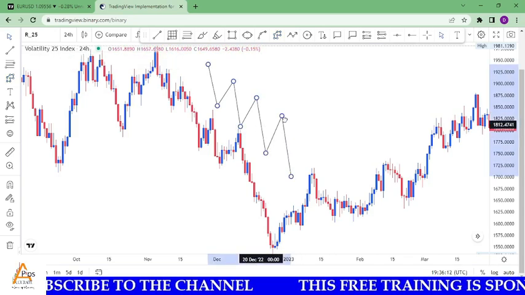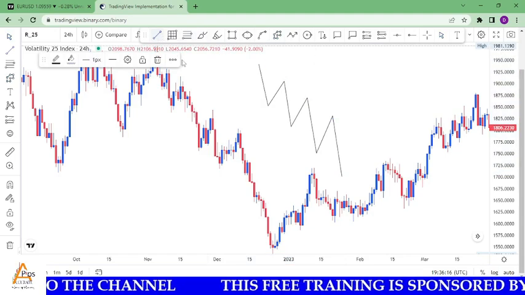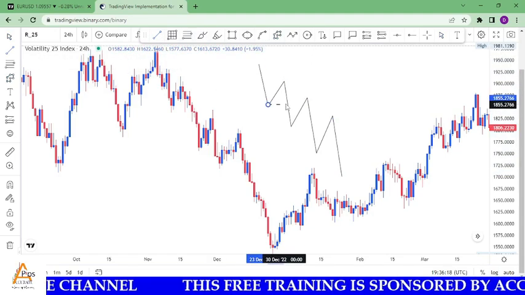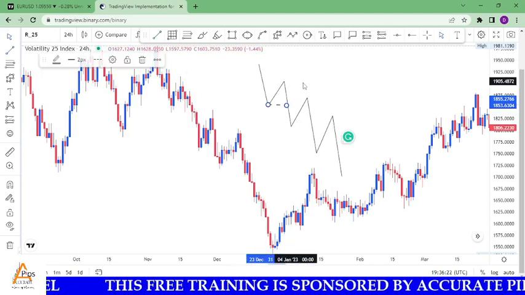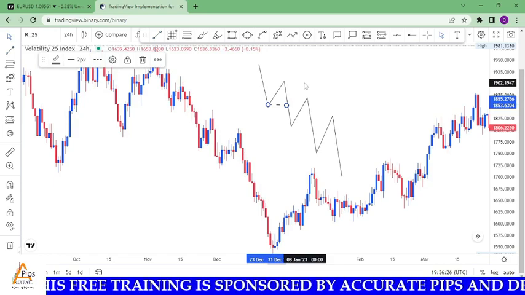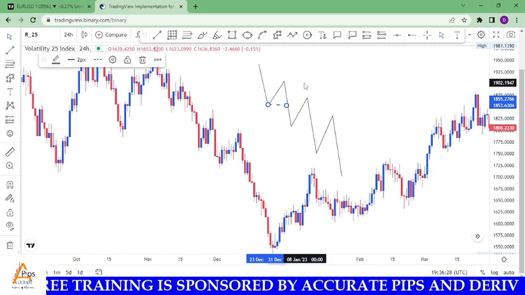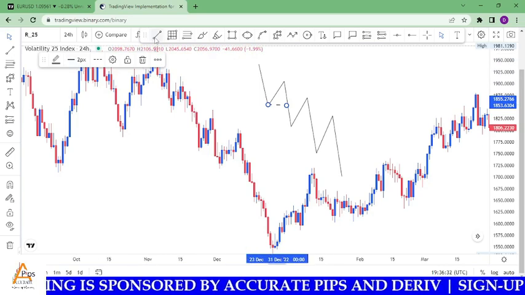All right, so you can see this kind of movement in the market. As I said, in a downtrend, we characterize the whole structure or movement by a series of lower highs and lower lows being formed in the market.